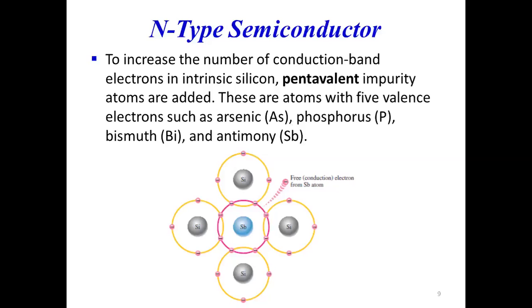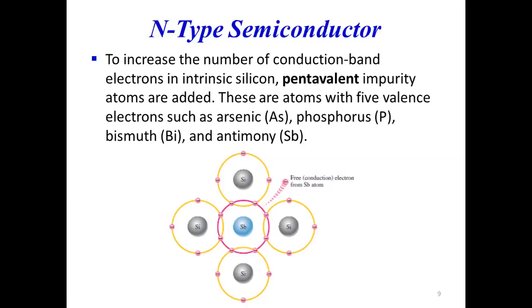So in short, here silicon semiconductor is doped with a pentavalent impurity. Out of 5 electrons, 4 electrons will make covalent bonds with 4 other silicon atoms, but there will be 1 electron in excess, and that electron is nothing but a free electron. It is free for conduction.